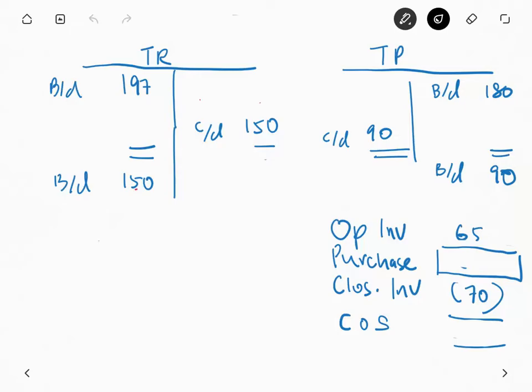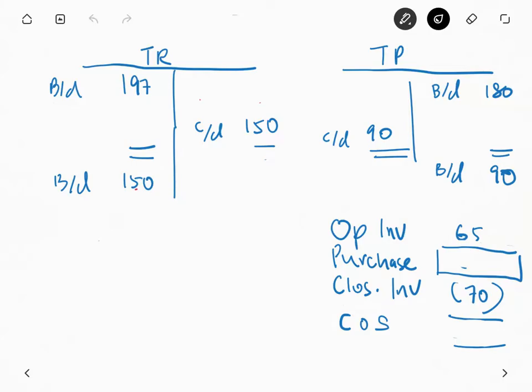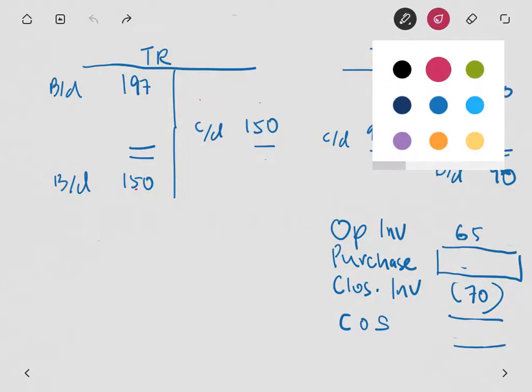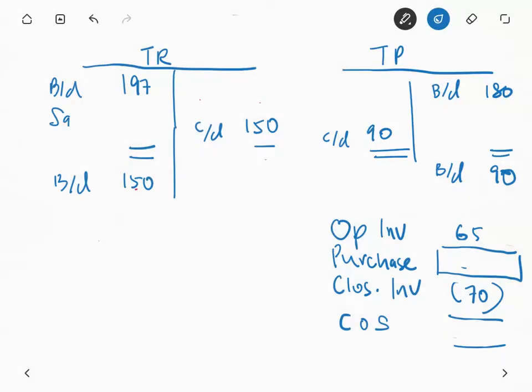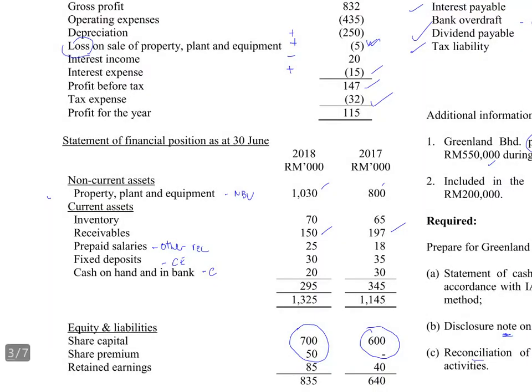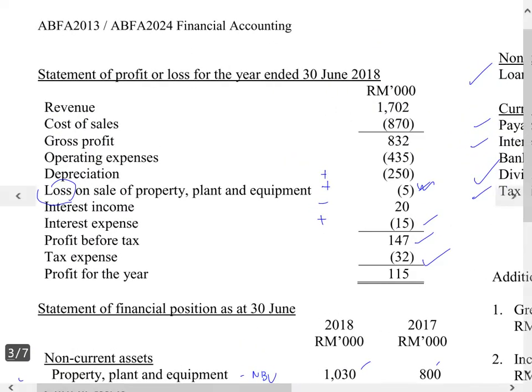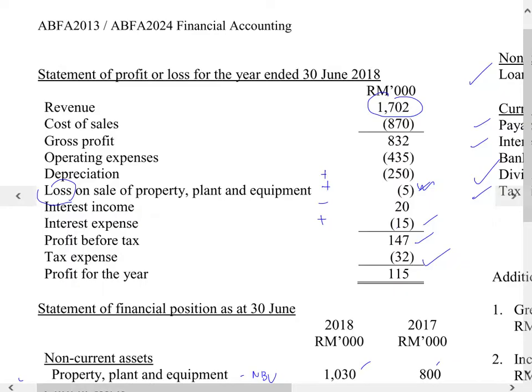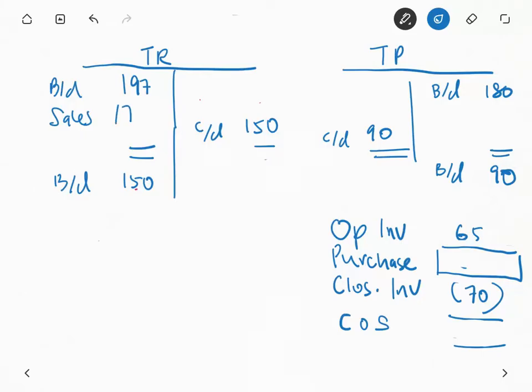Opening 19, closing 15. Open trade receivables and put in your sales balance. How much is my sales during the year? My sales during the year is 1702. Question: my sales is 1702, does it mean I receive also 1702?